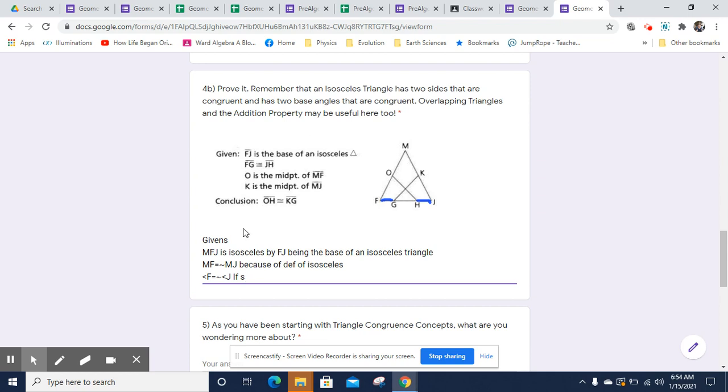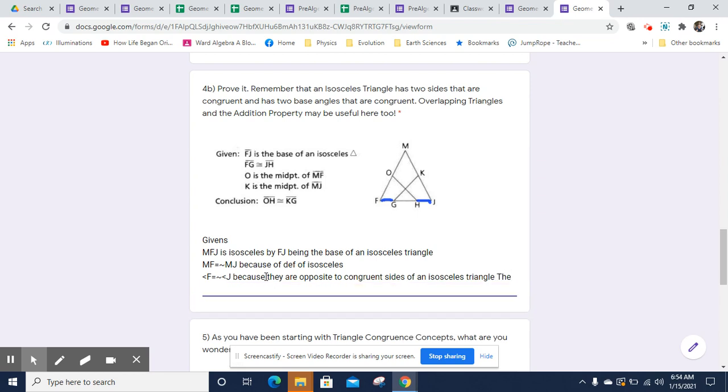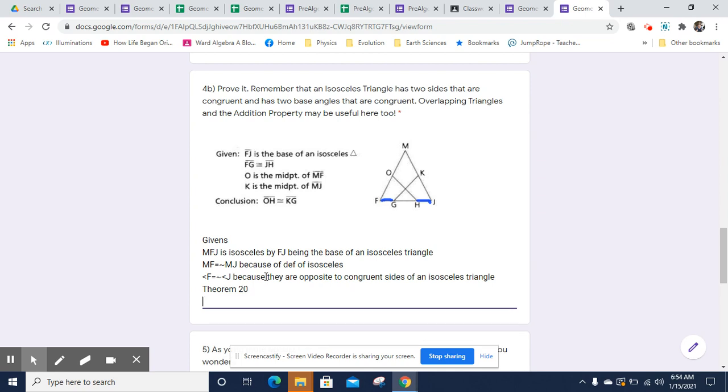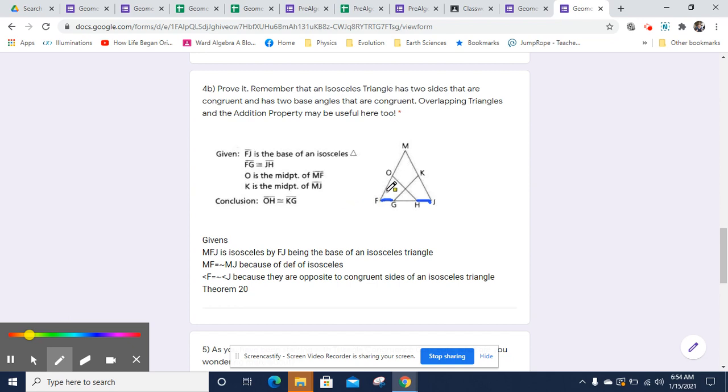Okay, so once we've said that those two sides are congruent, we can say that angle F is congruent to angle J because they are opposite to congruent sides of an isosceles triangle. Okay, and that's theorem 20. Now that we have that information, I'll label that with yellow. Okay, so this angle is congruent to this angle.